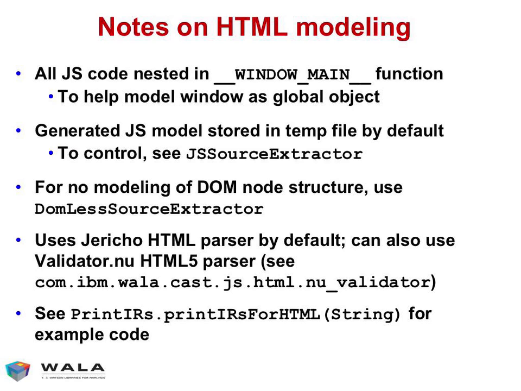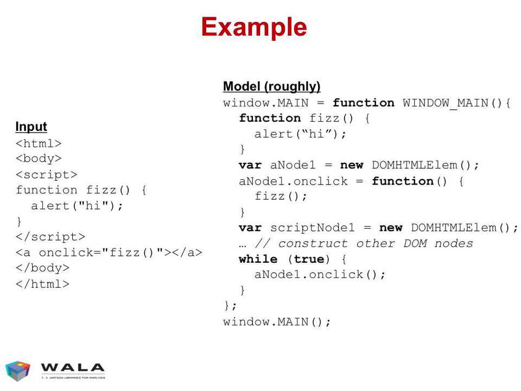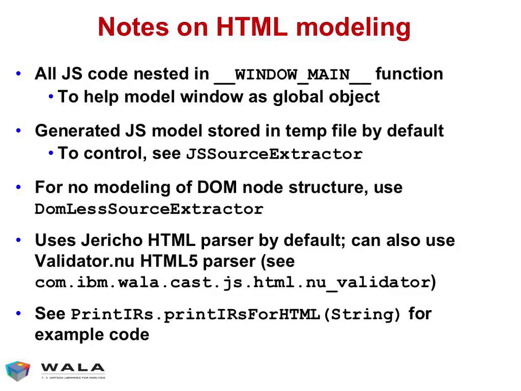This generated JavaScript model, this code here, is by default stored in some temporary file that gets deleted when Wala exits. But there's this type JS source extractor where you can set a couple of flags to say, retain that file after the analysis if you want to look at it, or don't use a temp file, use some file in the working directory.